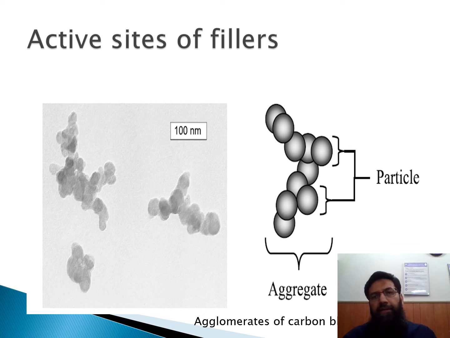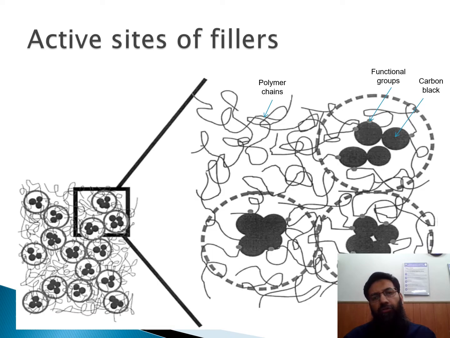So if we use these active sites during the compounding of different polymers, you can see here I take the example of carbon black.